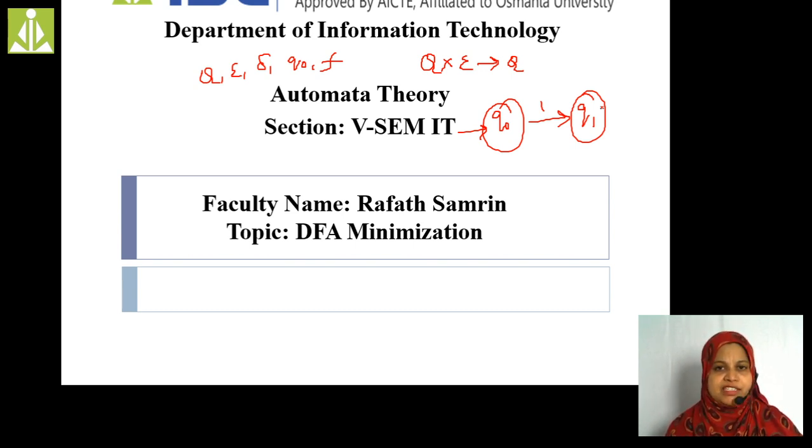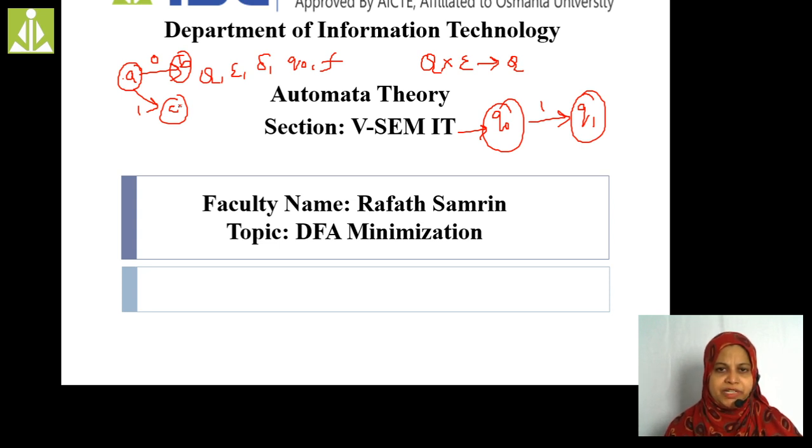For example, in my DFA, one state is A. I apply 0 input on A. If A on 0 is B, and A on 1 is C, then after performing the minimization also, A on 0 we must get B, and A on 1 we must get C only.